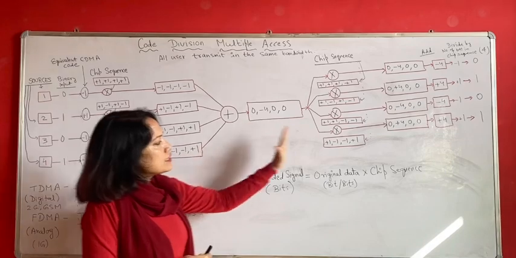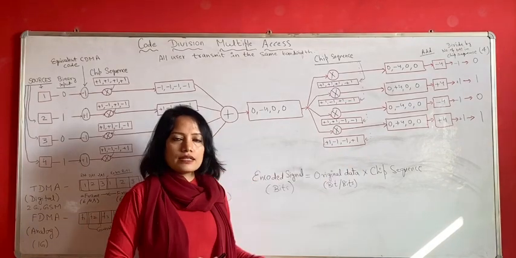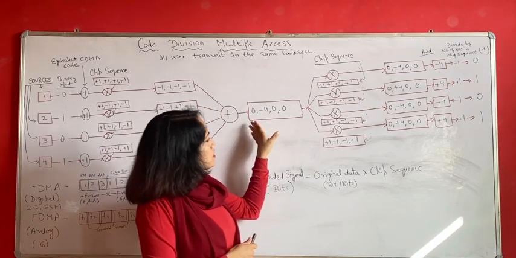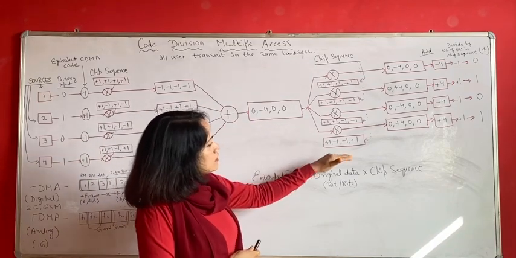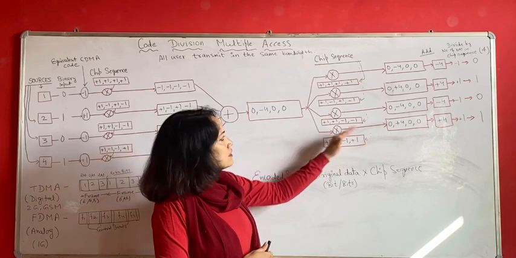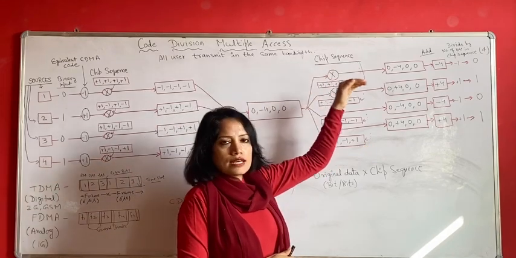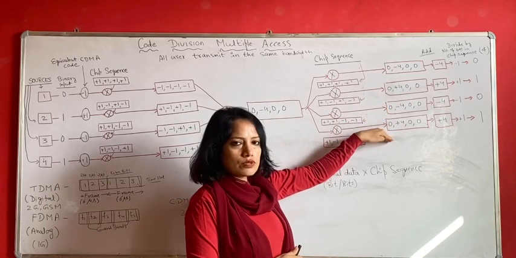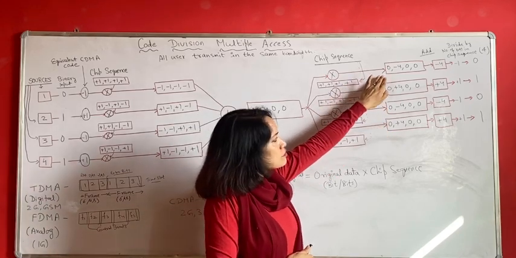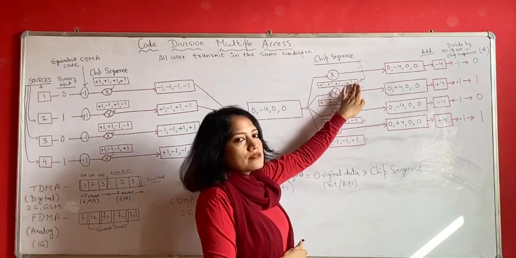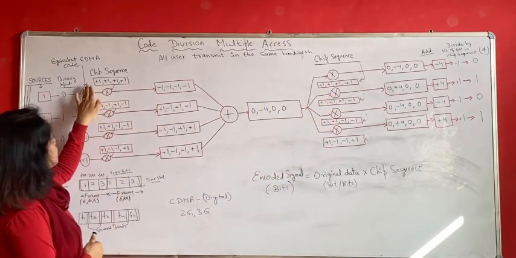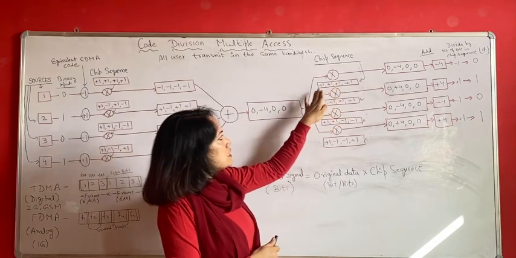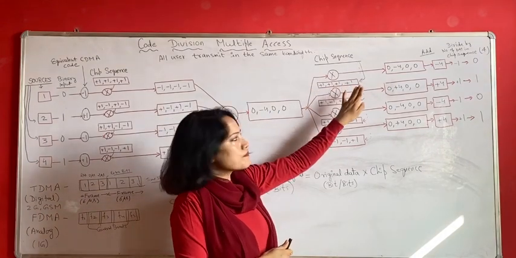Now look here, what happens at the receiving end and how this encoded data is decoded. This is the data which arrives at the receiving end, and for each of the sources, again, this is the first source, second, third and fourth source. For the first source, the chip sequence remains the same, +1, +1, +1, +1.